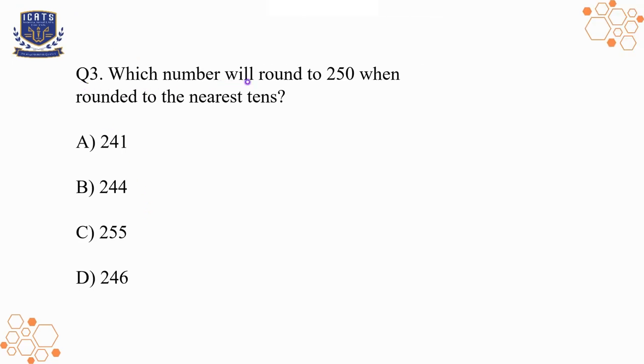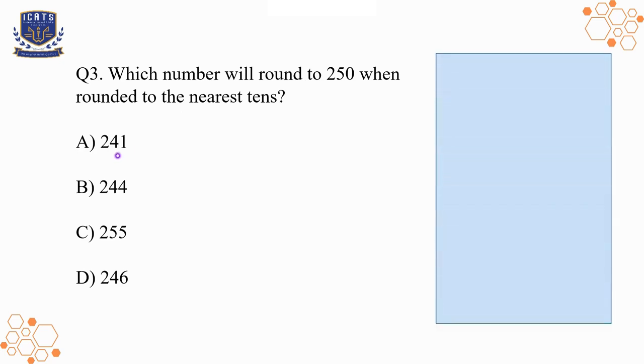Question number 3. Which number will round to 250 when rounded to the nearest tens? Option A is 241. First of all, we will see where it lies. It lies between 240 and 250, and the half of these two numbers is 245.